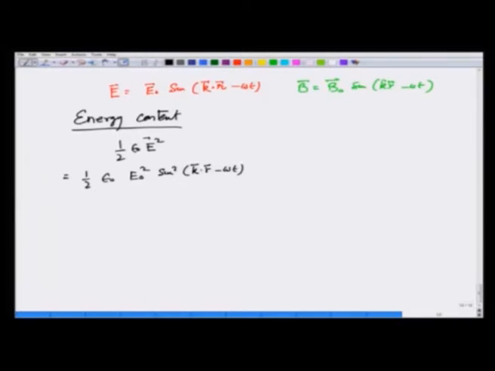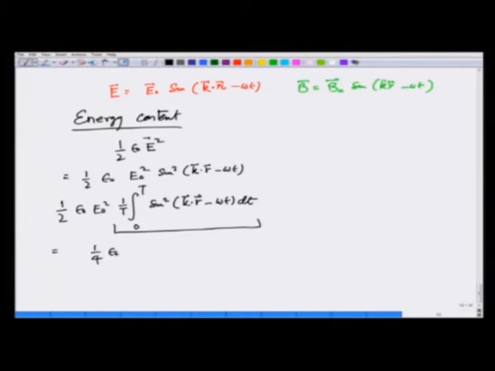Recall I said that this is varying in time very fast, so I will be talking about average energy. The average energy is going to be 1/2 epsilon 0 E0 square times 1 over T integral from 0 to T of sin square(k dot r minus omega t) dt, at a given point r fixed. And this you know from your ordinary mathematics is 1/2. So, this becomes 1/4 of epsilon 0 E0 square.